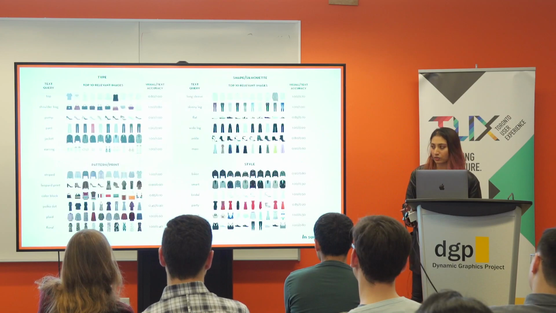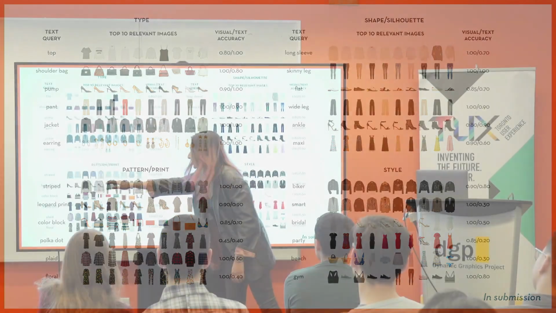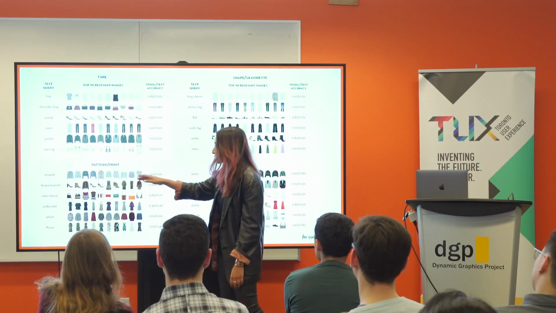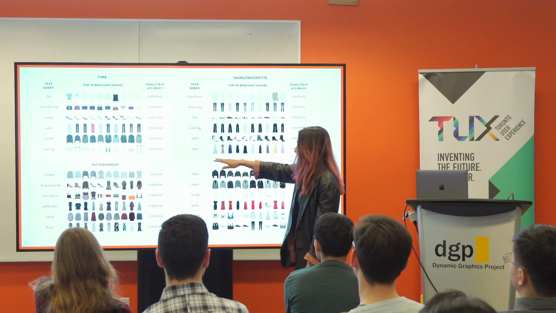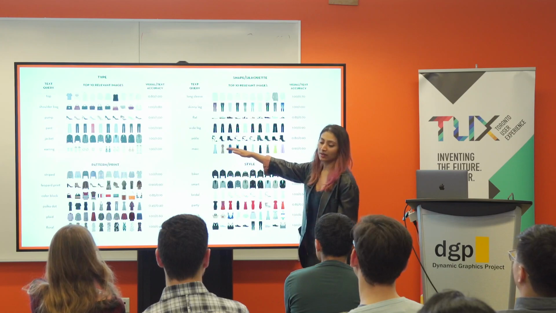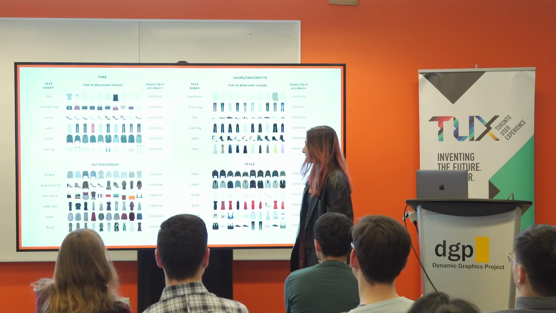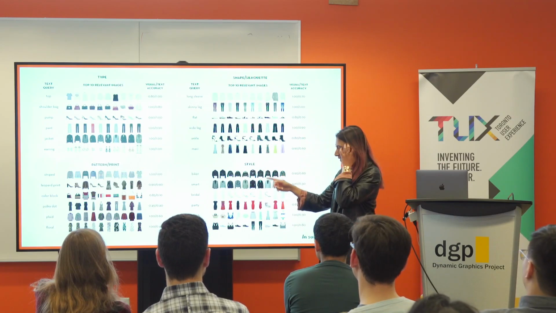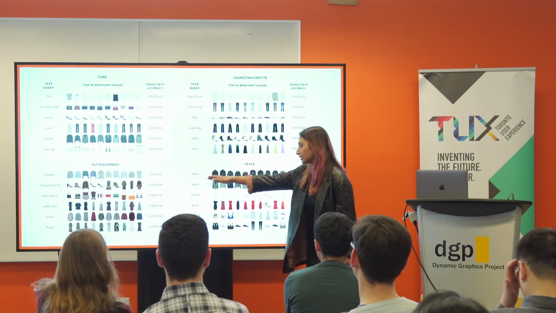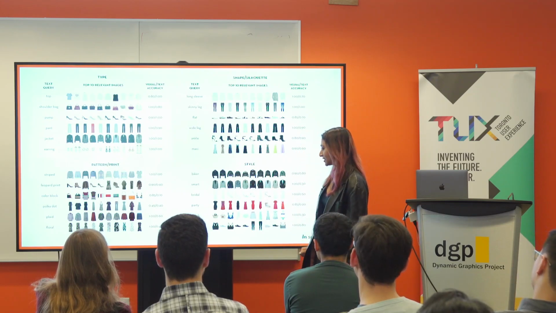But basically, we could do queries now where we could query with words like striped, and get back things that have striped patterns. We could do things like query with the word maxi and get back dresses as well as skirts, because maxi is a silhouette that applies to both types of clothing. We could also do higher level stuff like styles. So you can see biker means leather, black leather jackets.